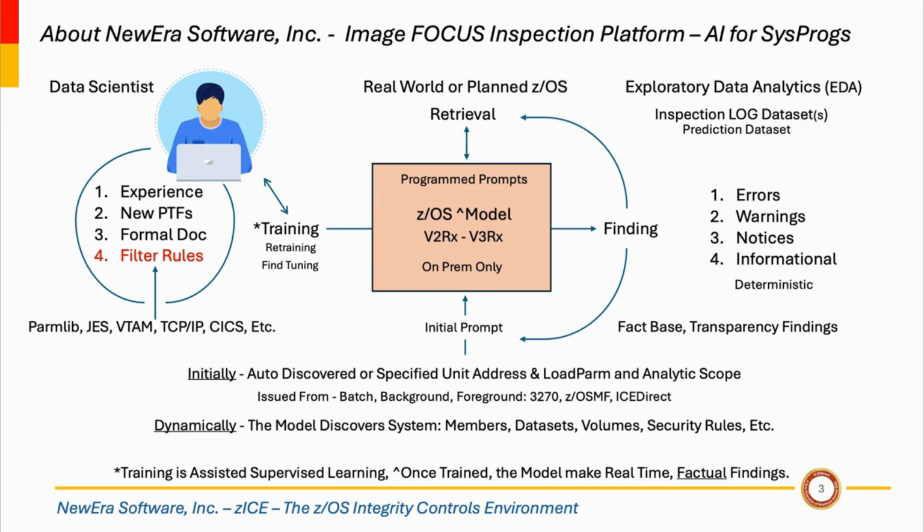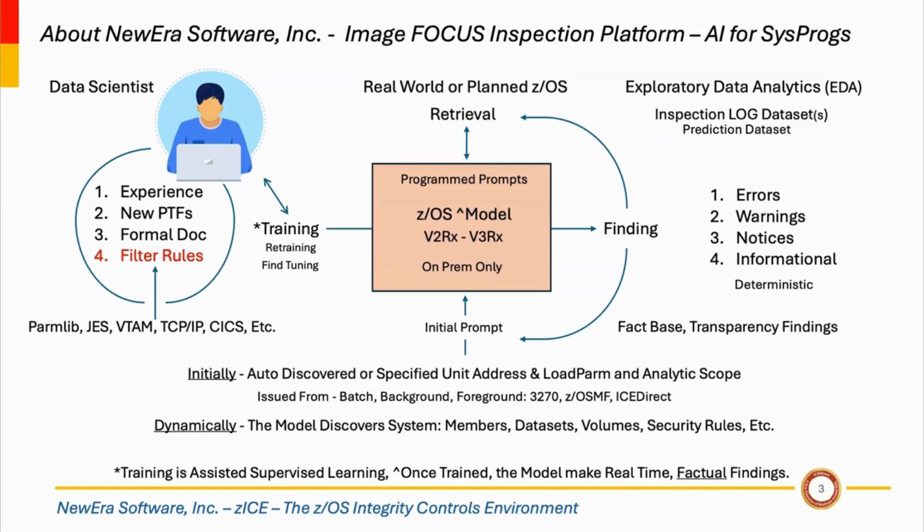But if we're doing our work interactively, for example, exploring what needs to be done with a new release, we provide the unit address and load parm of an existing system or a yet-to-be IPL'd system, and some analytic scope, that is, what do we really want the model to respond to, and begin the process.